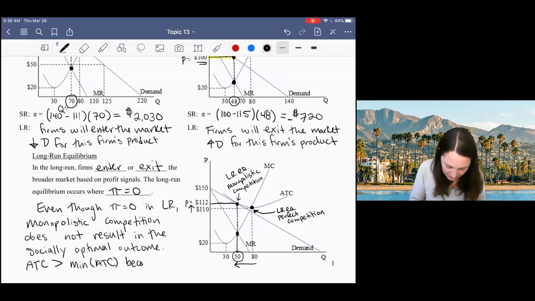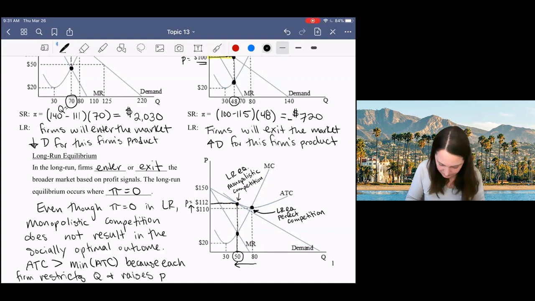Why? Because each firm restricts the quantity that they're producing in order to raise their price compared to perfect competition.